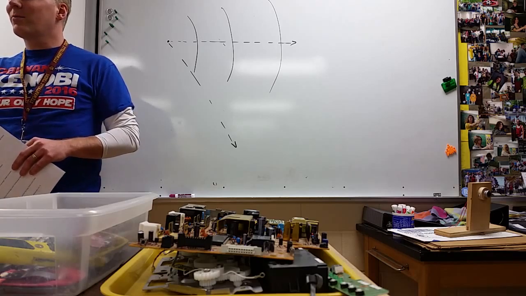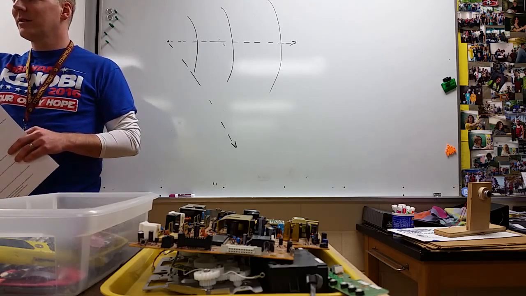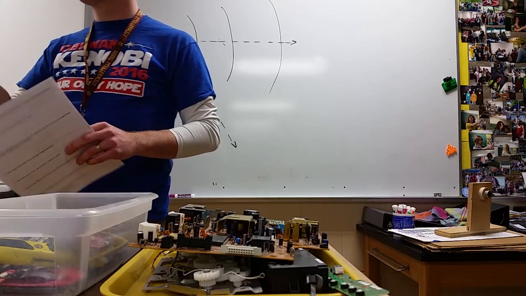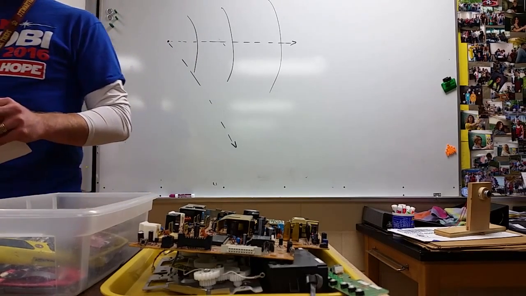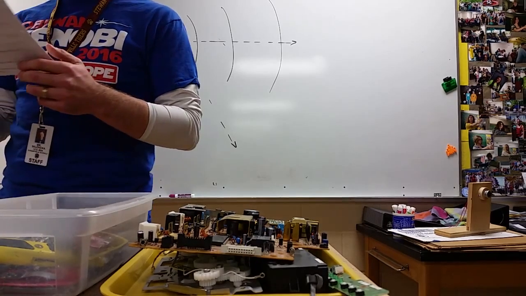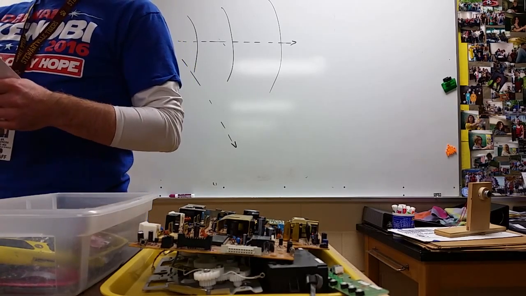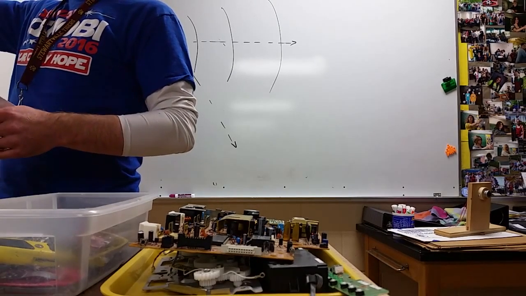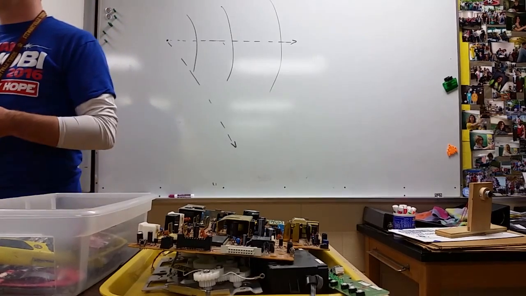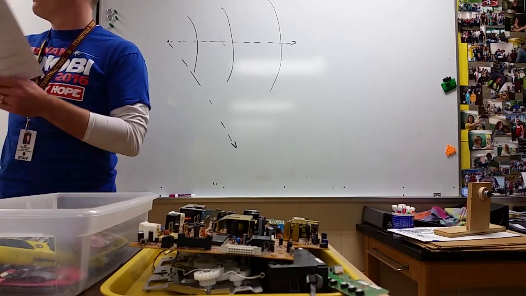Is the image upright or is it flipped? Is the image magnified, which means bigger or smaller? And is it flipped left to right, so is it reversed that way? And on a plane mirror, it's upright. So the upside is correct. The opposite is upside down.